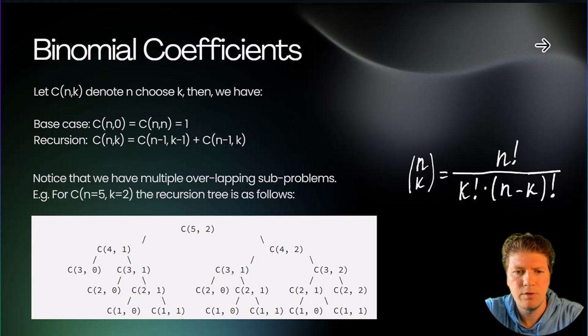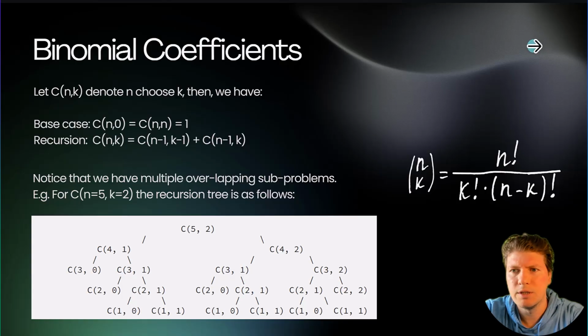For example, C(3, 1) is identical on the left and on the right. So we only need to compute it once, store the value in the DP table, and then look up the solutions. And this is the core idea behind dynamic programming: memoization, or recalling the solutions to already computed problems.